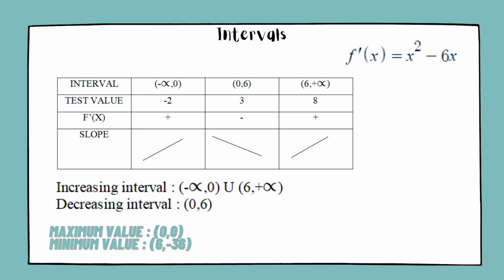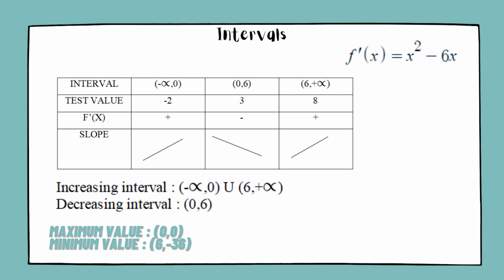After that, by using the real number line with 0 and 6, we can find 3 intervals, which are negative infinity to 0, 0 to 6, and 6 to positive infinity. Then we can put our test values inside the first derivative, which is x squared minus 6x. After we put in the values, we only focus on the sign, which is positive or negative.